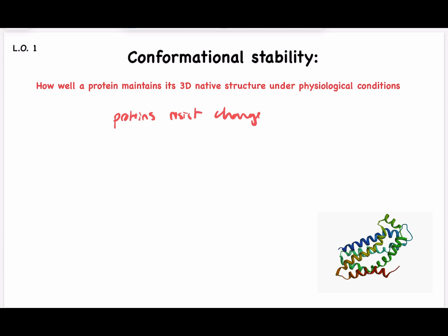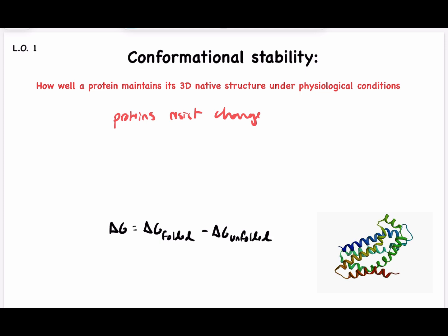One more thing to keep in mind is that this conformational stability isn't really magic. It isn't the protein just deciding it wants to be folded in this manner one day and in another manner another day. It really has to do with the free energy of the protein, and specifically the free energy difference between the protein when it is folded and when it is unfolded.